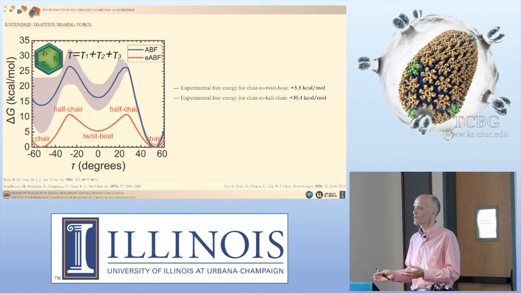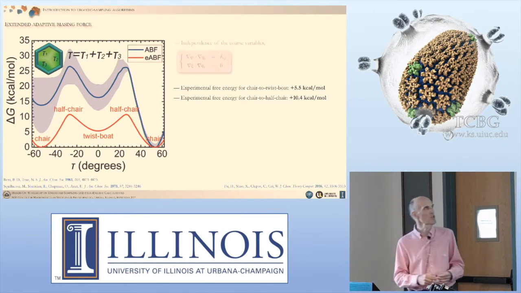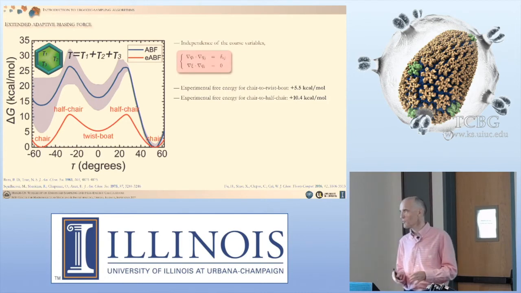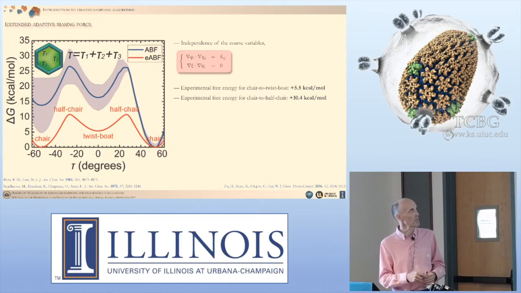Constrained forces would contaminate the measure of the thermodynamic force along the reaction coordinate. So that has been fixed. But you still have one limitation, which is the independence of the coarse variables, which should be orthogonal. If you use the extended adaptive biasing force, you can address this problem.